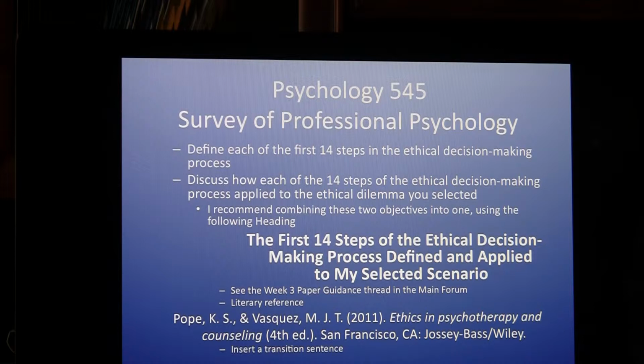Now, I'm showing you the next 2 objectives here, Objective 2 and Objective 3, and I'll explain why in just a second. Objective 2 reads, define each of the first 14 steps of the ethical decision-making process. Objective 3 reads, discuss how each of the 14 steps of the ethical decision-making process applied to the ethical dilemma you selected. Now here's how I would combine both of these 2 objectives into one heading.